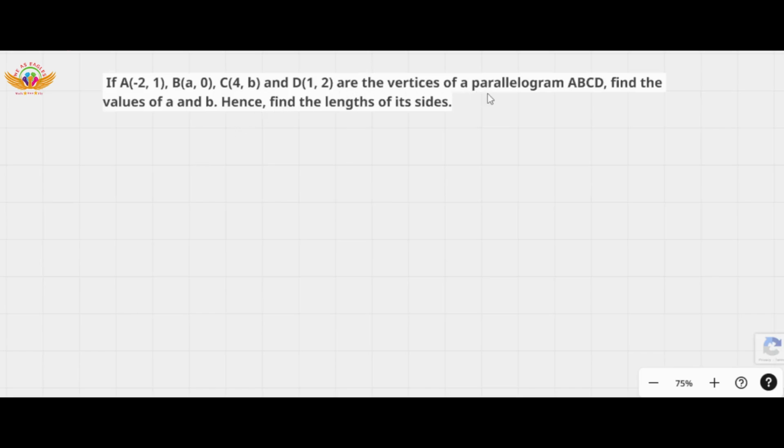Here they have asked you about parallelogram, so they might ask you rectangle, or rhombus, or a square. So before that, you have to know what is a parallelogram, what has to be proved to show that it is a parallelogram, and also you have to know the property of a rectangle, and how can you prove that a quadrilateral is a rectangle.